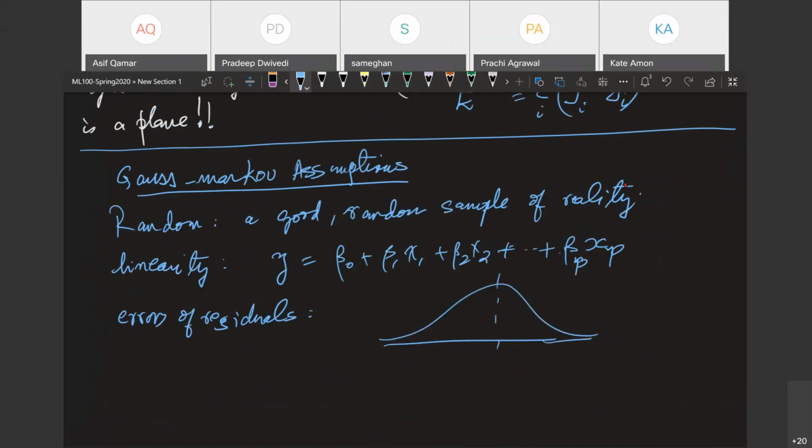You can have errors close to zero, and then you're much more likely to have small errors and much less likely to have large ones. Think of it as a histogram of errors. It should basically look like a bell curve.